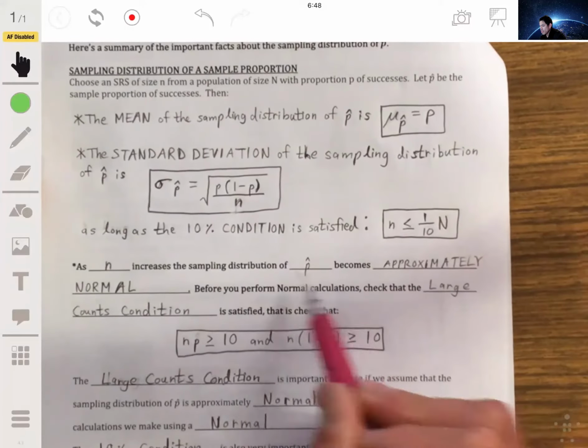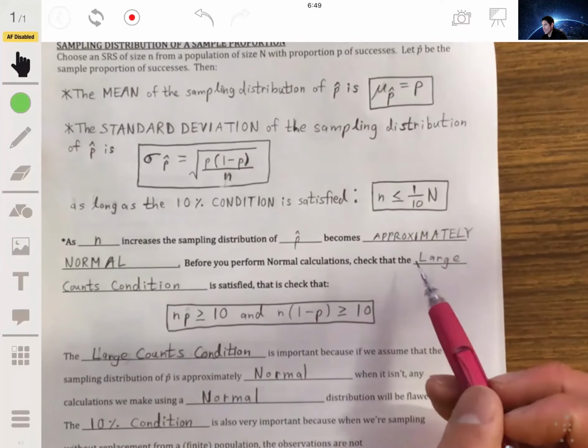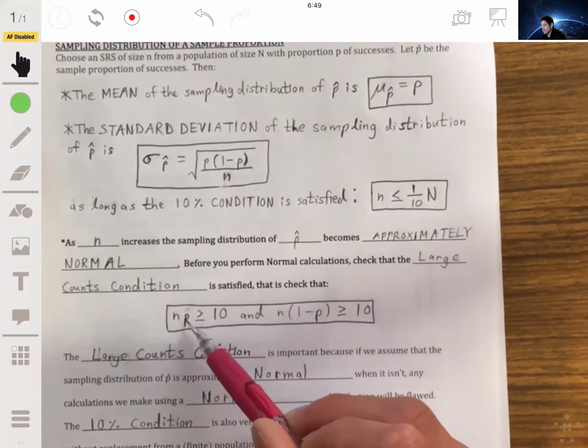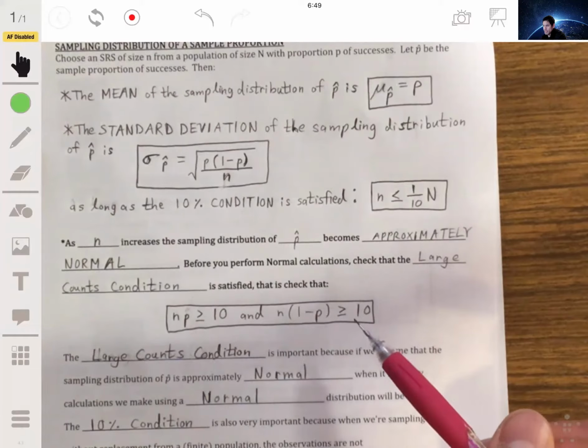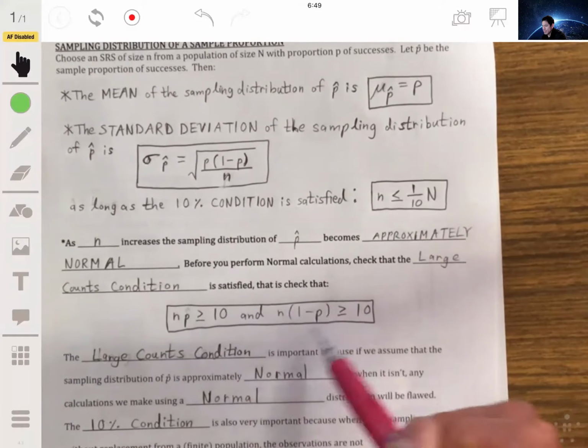So before we can do any inference methods involving normal calculations, we have to check that the large counts condition is met. So we want to check that n times p is at least 10, and that n times 1 minus p is also at least 10. Later on, you're going to hear this called the number of successes and failures.